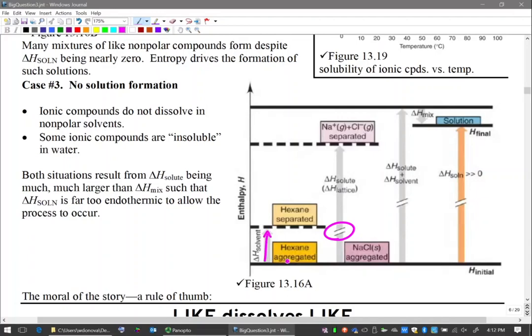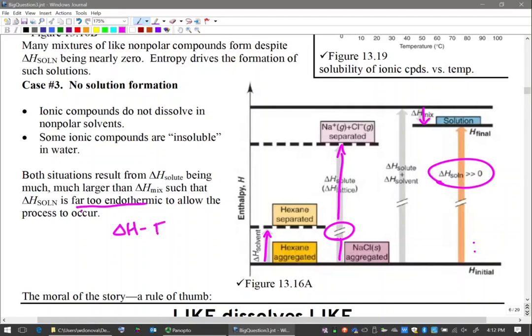So delta H solvent is a dozen kilojoules. This is 700-800. And then this is minus a dozen, tops. Ouch. Delta H overall, way, way huge. Greater than 0. Anytime they get a double greater than, that means stupid huge. Too endothermic to bother trying, right? It's far too endothermic.